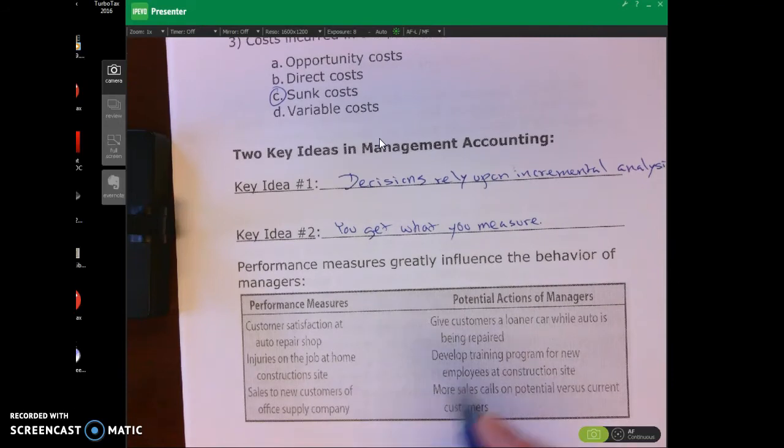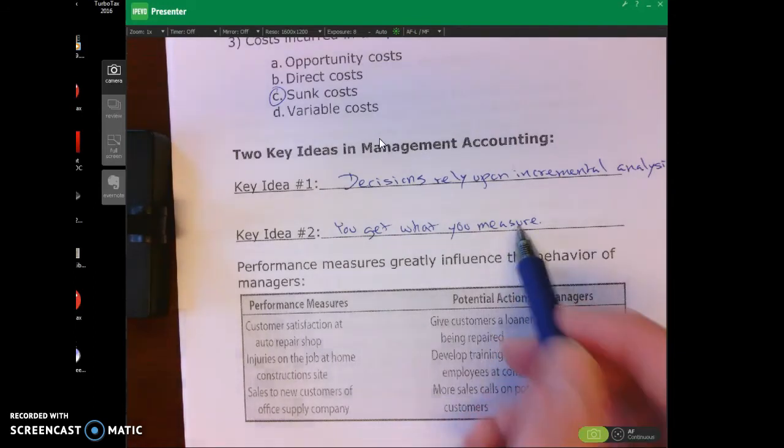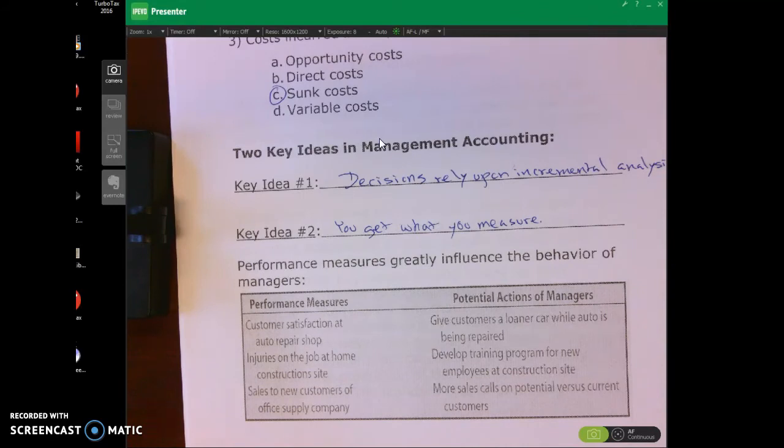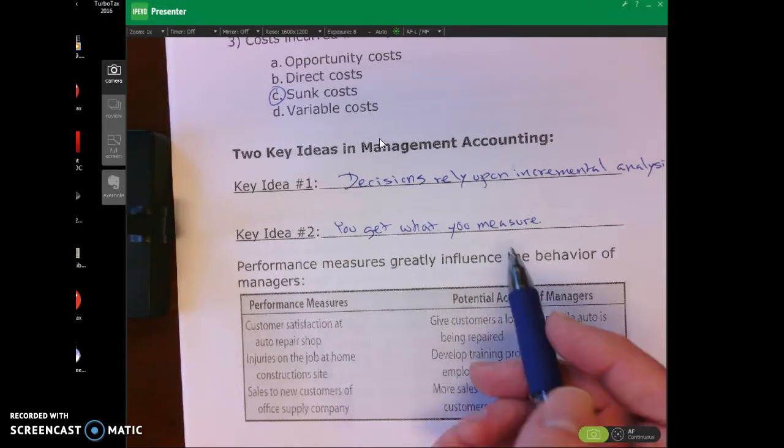If you have a division manager and you say to that manager, if you hit a certain profit number, you'll get your bonus, well, they're going to try to do everything that they can, hopefully within ethical bounds, to get that profit number so that they can get their bonus. And so they could do some things that maybe are not good for the organization overall, but could be good for them personally. Okay? So you get what you measure.